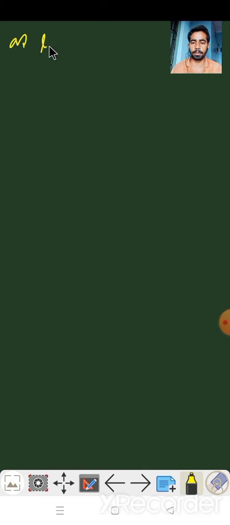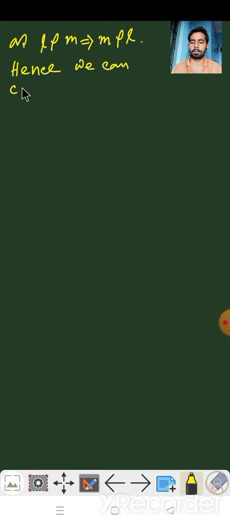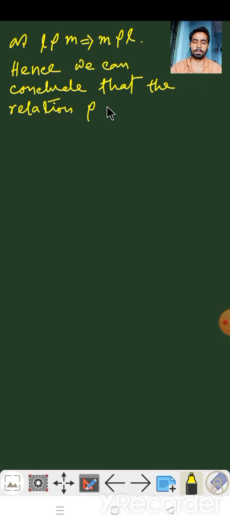Hence we can conclude that the relation rho on S is symmetric.